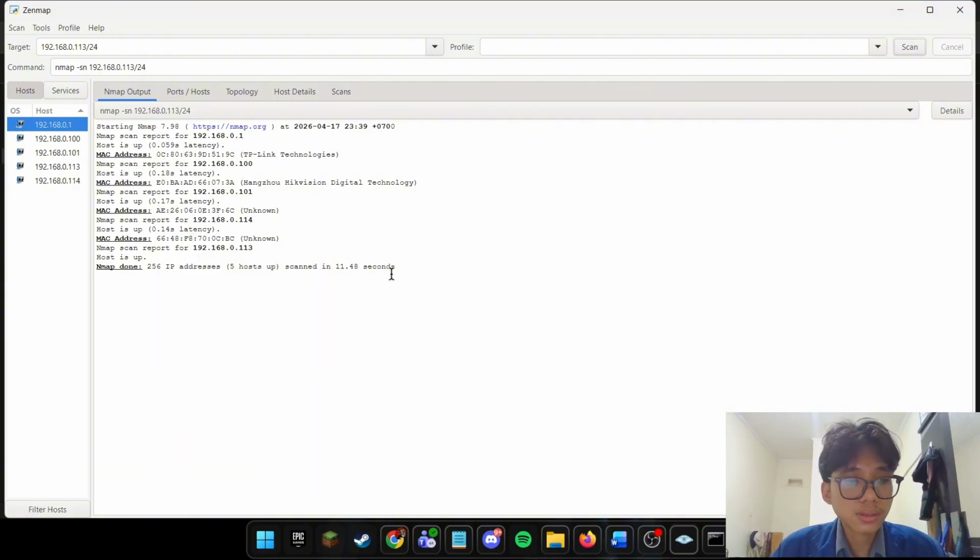Even though I use my own IP address, the /24 notation allows Nmap to interpret it as the entire subnet.